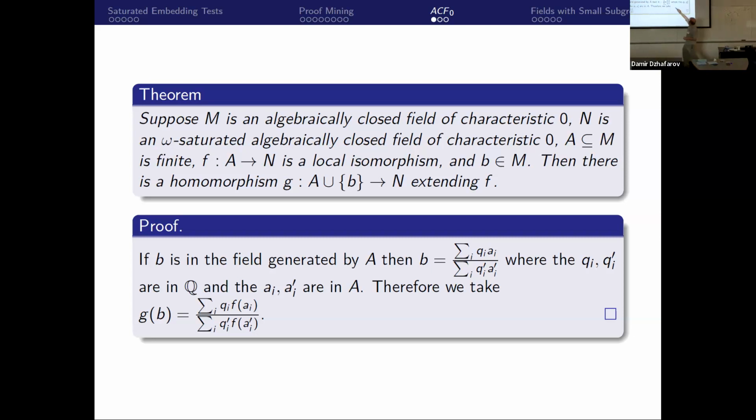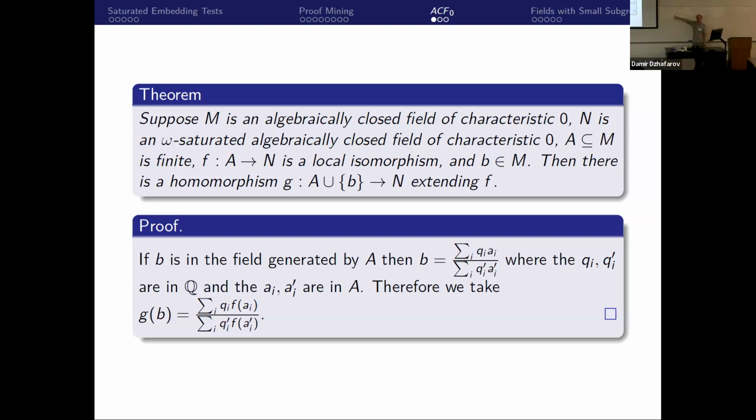It's not quite right: the a_i are products of elements from A, not just elements from A. That doesn't change much. You basically take polynomial combinations of the things you already have. You can multiply them by rational coefficients, because you can express all rational numbers in the language of fields, and you can take ratios of these. And that's the entire field generated by these elements.